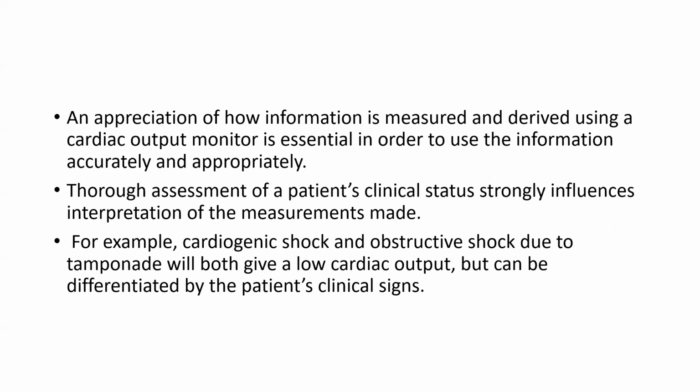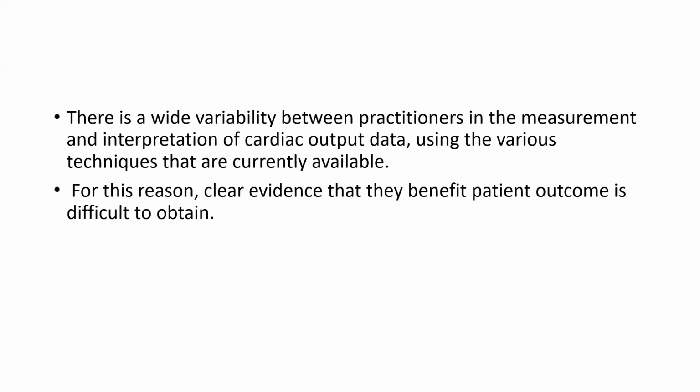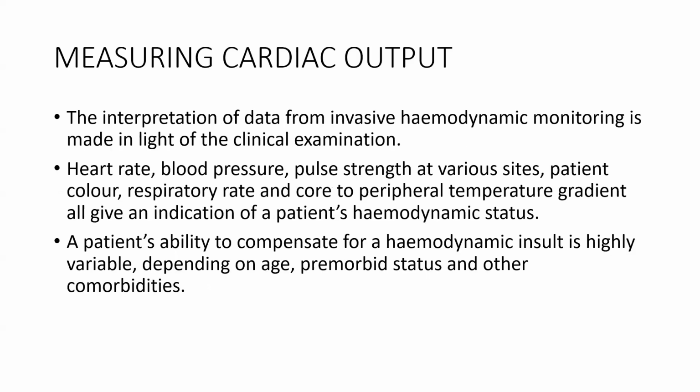For example, cardiogenic shock and obstructive shock due to tamponade will give a low cardiac output but can be differentiated by the patient's clinical signs. There is wide variability between practitioners in the measurement and interpretation of cardiac output data, and using the various techniques currently available. For this reason, clear evidence that they benefit patient outcome is difficult to obtain.